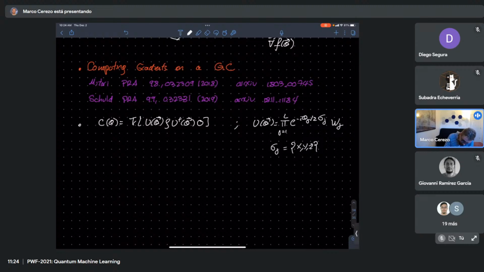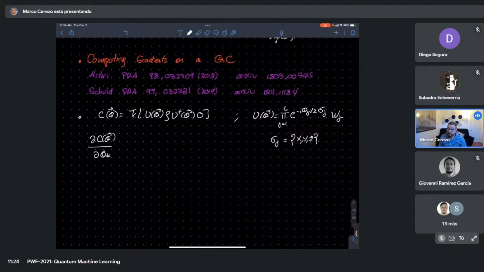So we need to compute something that looks like, for instance, the partial derivative of the cost function with respect to the kth parameter. How do we go about doing this? Right, so I'm just going to give you a few tips of how to derive this result. I'm not going to do it because it's one of the exercises. So the first tip that you should know is that taking the partial derivative with respect to x of the trace of A(x) is equal to the trace of the partial derivative with respect to x of A(x).